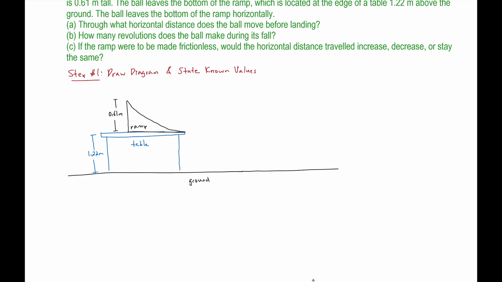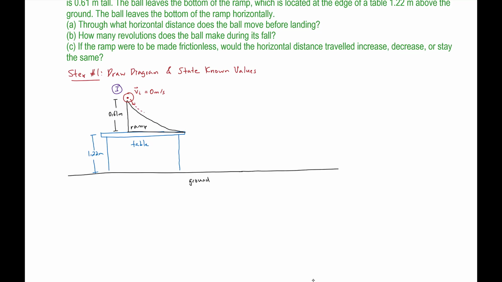So now all we have left is to look at the initial stage, which we'll call I. And we have a ball here with its center of mass. The initial speed of the ball is 0 meters per second, and the ball is going this way.